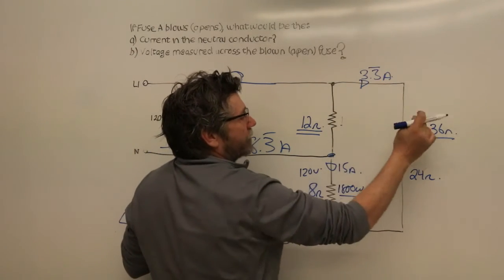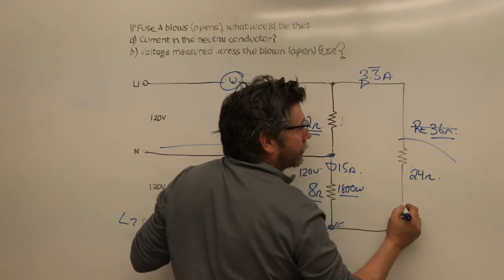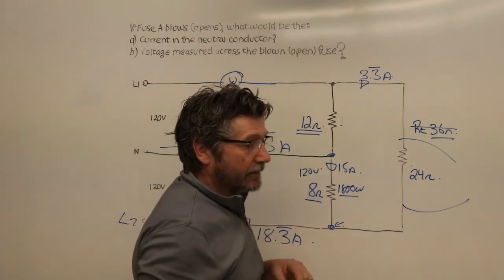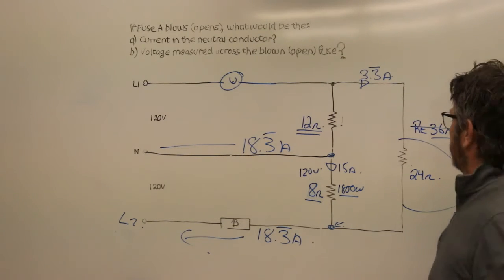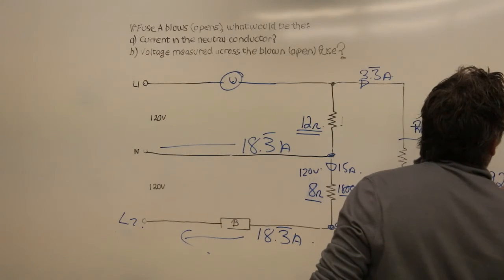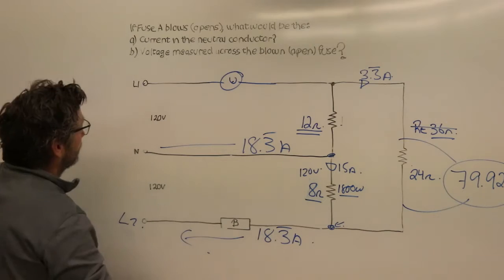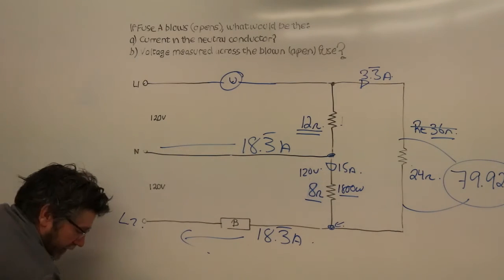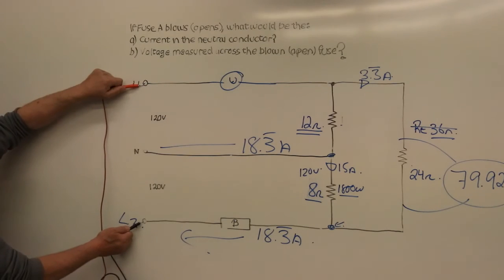3.3 repeating amps multiplied by 24 ohms gives me what kind of voltage drop over that bad puppy? It's 79.92 volts. I like that. If I take my voltmeter right here, guys, and go like this, I'm going to read 240.